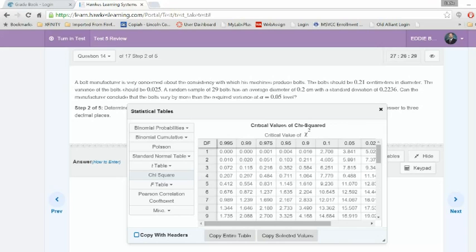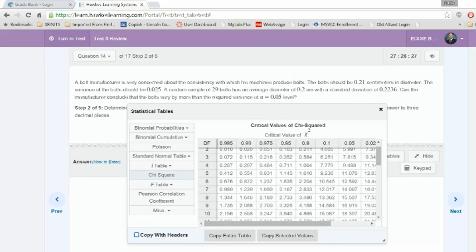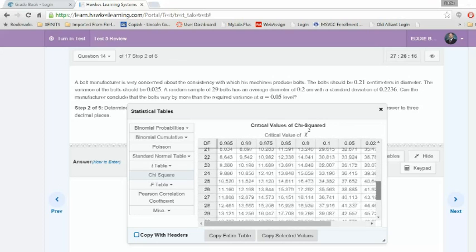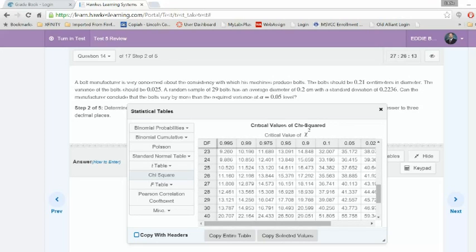And then we had a 0.05 level. Here's the 0.05 level. You go down to degrees of freedom 28. The critical value is 41.337.